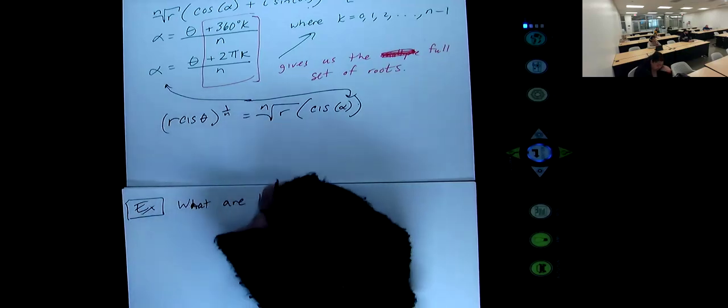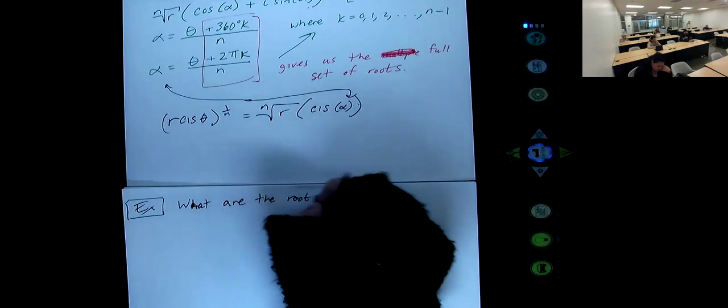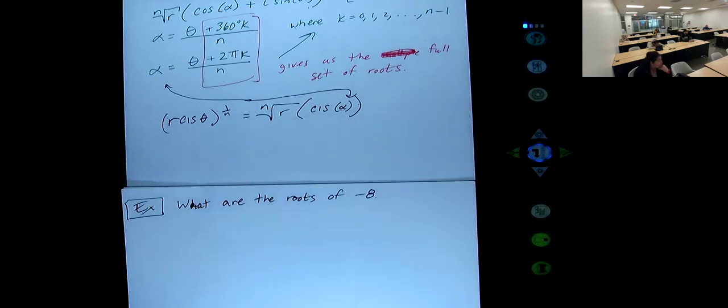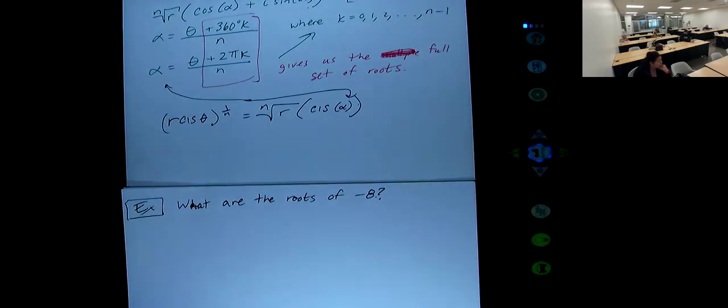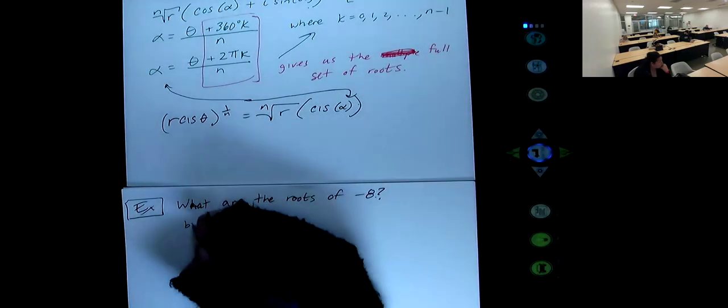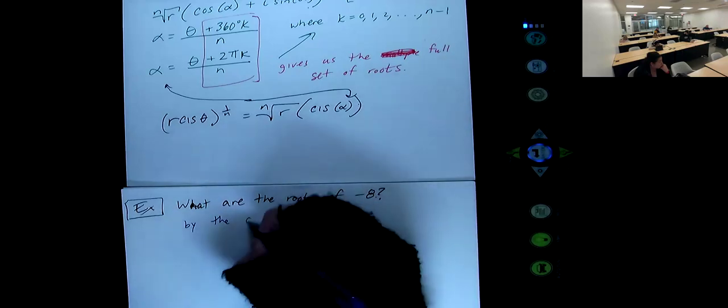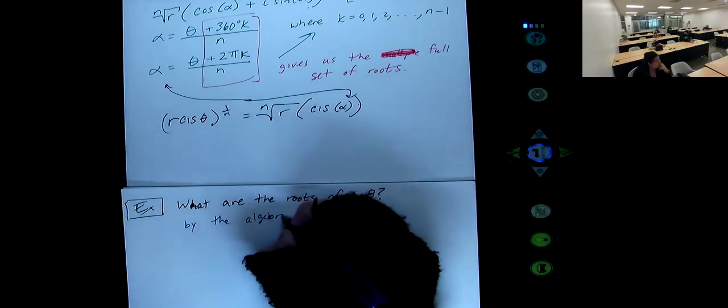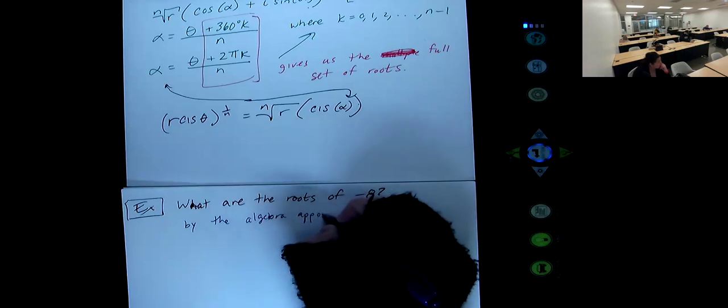So, what are the roots of -8? If we go by our algebra approach, God, that looks terrible.